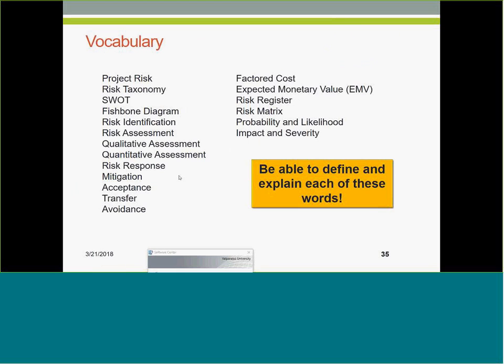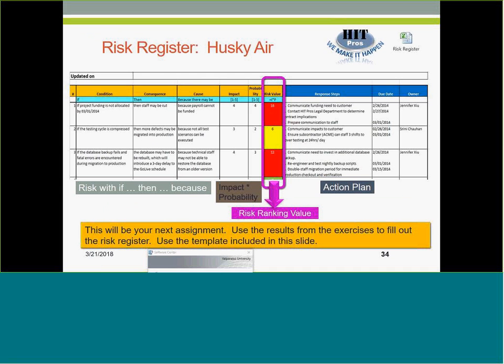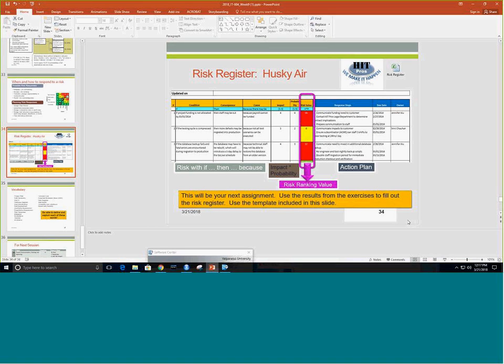And the whole idea is that you think about your project, which I asked you to do throughout this lecture already, that you think about what your definition would be of an impact of 5, or an impact of 2, or a probability of 2, or a probability of 3, 4, or 5, right? So, as you figure out how to put an action plan together, assign a due date, and then from your stakeholder list, of course, select a very appropriate risk owner.